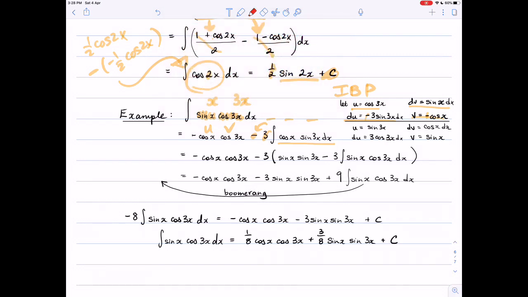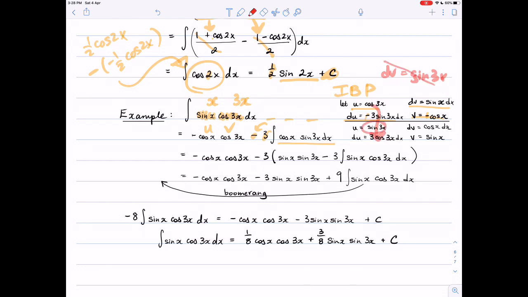Continue down the same stream, right? This was u. Keep it in the u stream. Don't make this the v now. Don't switch over and make the v or the dv sine of 3x. Don't go ahead and make this the dv.